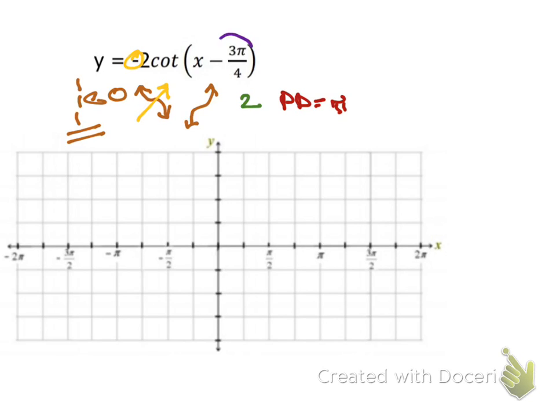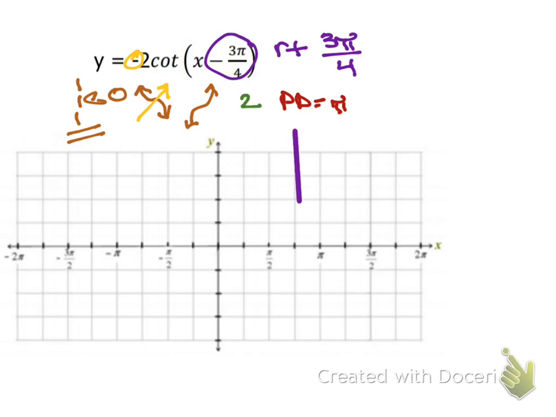And we have a minus 3 pi over 4, which means I'm shifting right, 3 pi over 4. The first thing that we will do is put in our shift. Notice we already have a scale here on our graph, and that scale is that each box is pi over 4.